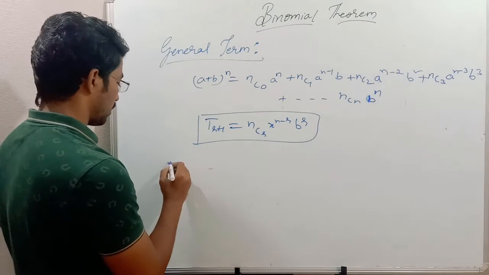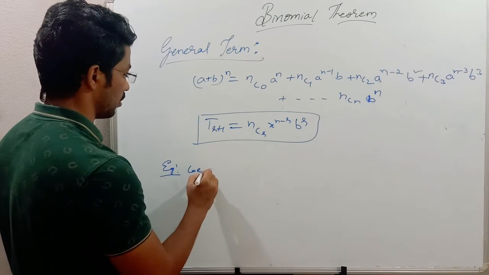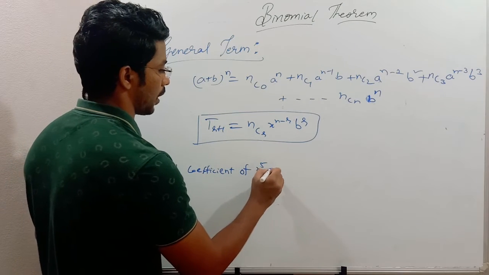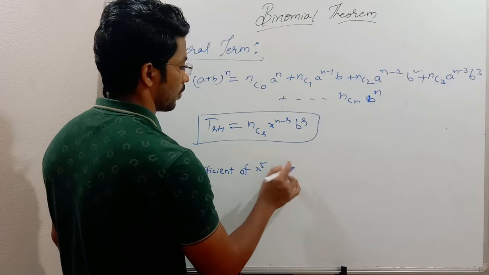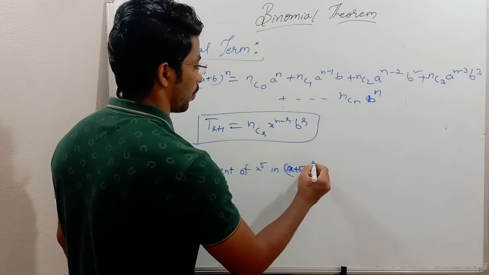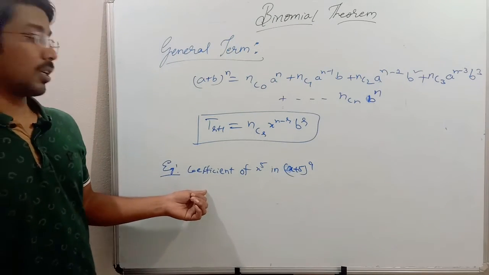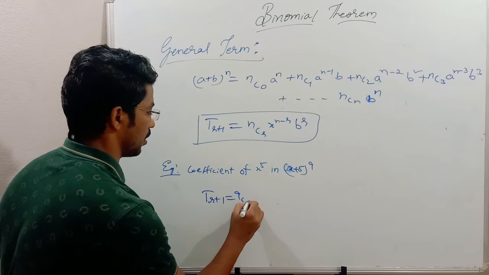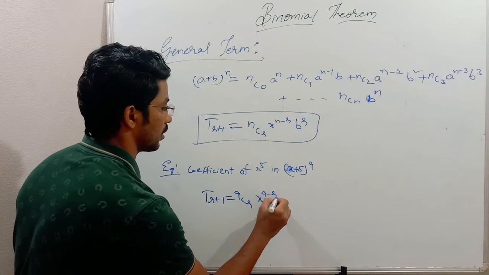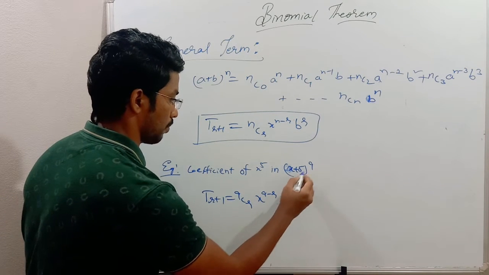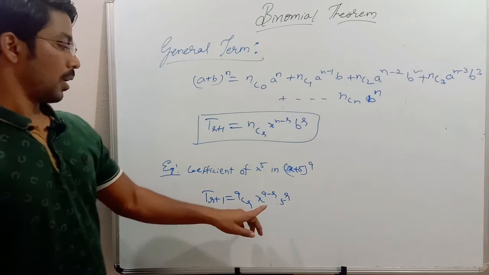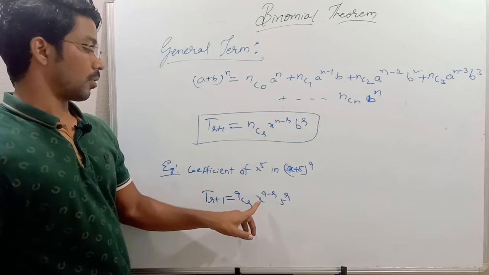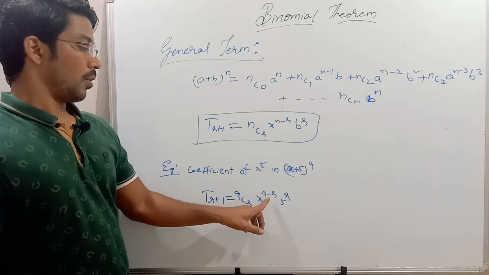So now, for example, find the coefficient of x^5 in the expansion of (x + 5)^9. If you see here, we take the general term as 9Cr x^(9-r) 5^r. In order to find the coefficient of x^5, we have to equate the power of x to 5.